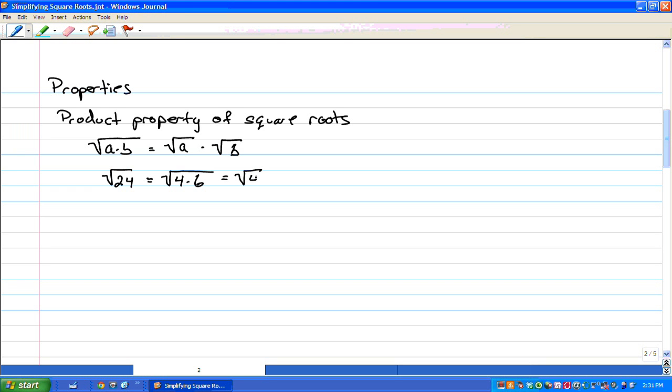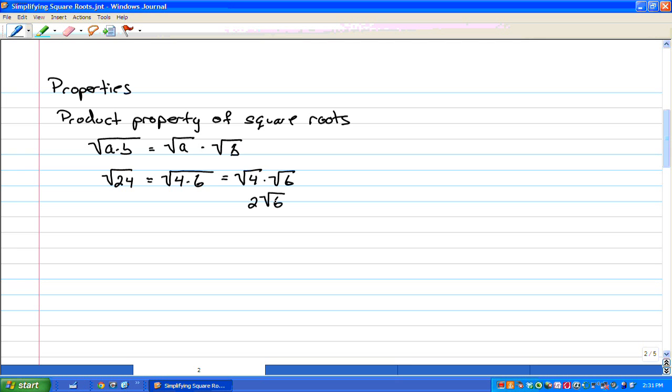Now, when you do that, what you're trying to do is break this up so that under one of the radical signs you have a perfect square. And I do. I have 4. So I take the square root of 4, which is 2, times the square root of 6. Now what I did is I simplified it, and I used the product property to simplify it.